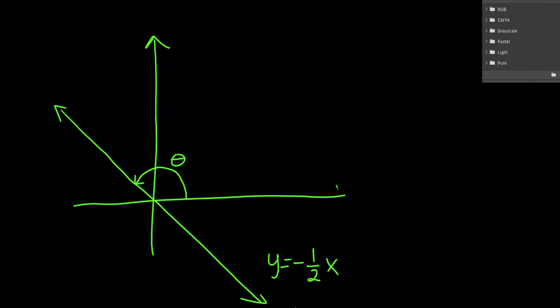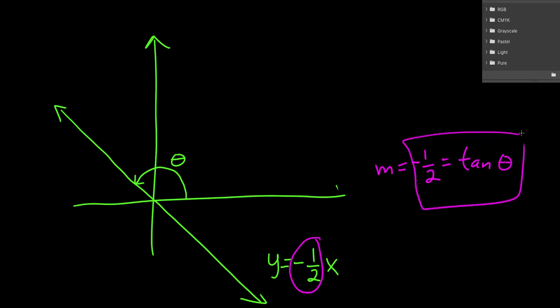So if we use what we learned on the previous one, we know that the slope is negative 1/2, but we also know that that's equal to tangent theta. And so this is really what we need to find theta.